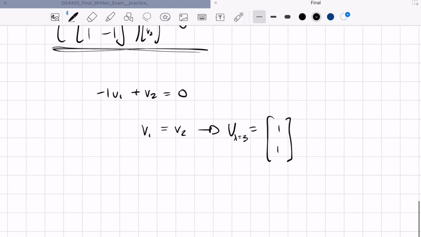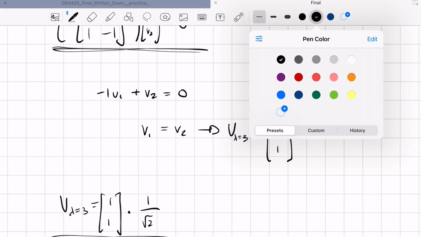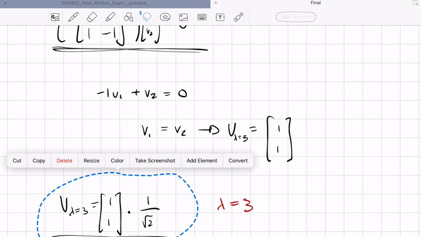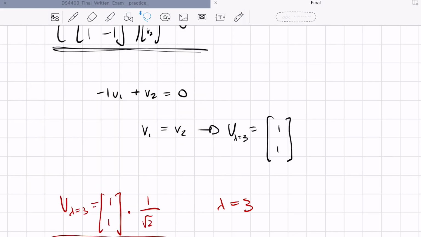So we say v of lambda equal to 3 is equal to [1, 1] times 1 over the L2 norm of this, which is simply the square root of 2. And so this is our final answer. That is our eigenvector with eigenvalue equal to 3. Sweet.